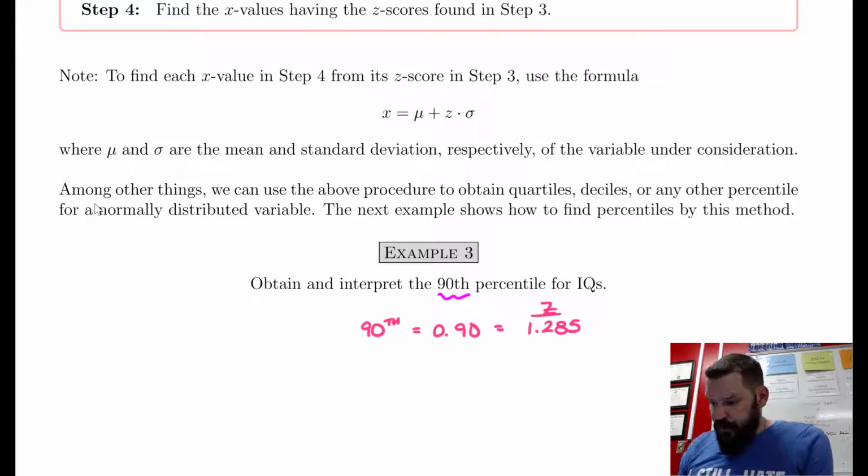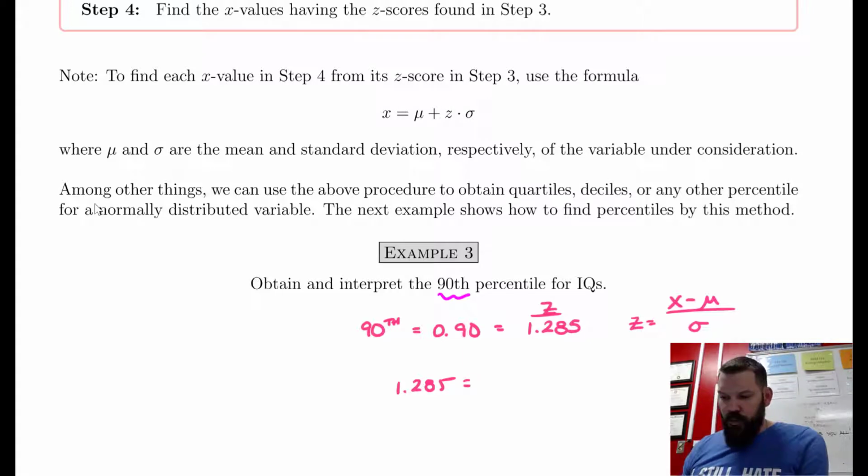The formula for z-score, z equals x minus mu over sigma. So we know the z-score, and we want to find what the value is for x. We know that mu is 100 and sigma is 16. So this is just a simple matter of algebra.